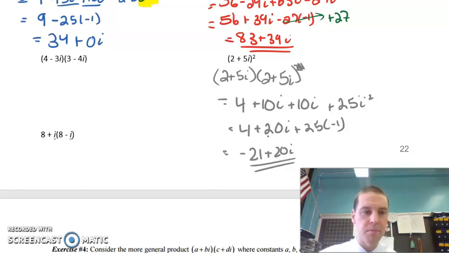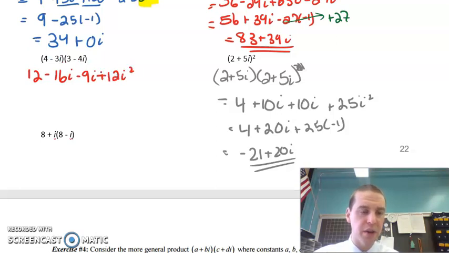Okay. Let's go to this last one here. Actually, no, let's do the middle one. 4 times 3 is 12. 4 times negative 4i, negative 16i. Negative 3i times 3, negative 9i. Negative 3i times negative 4i gives you a positive 12i squared. Notice here we have 12.